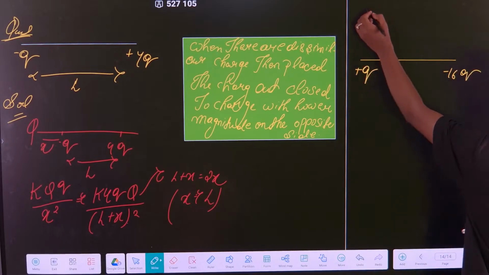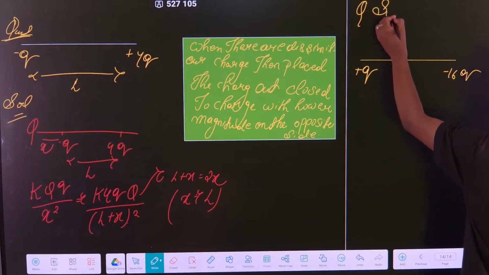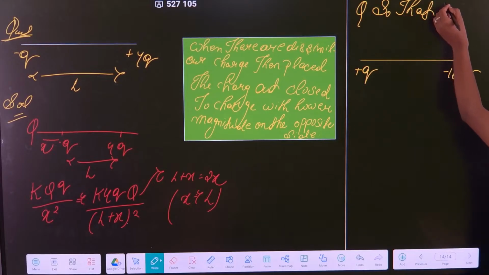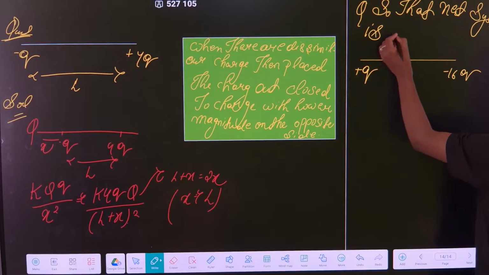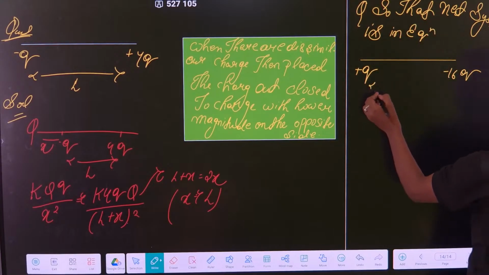I want to place a charge capital Q so that the net system is in equilibrium. Net system is in equilibrium. I am not asking that charge to be in equilibrium.